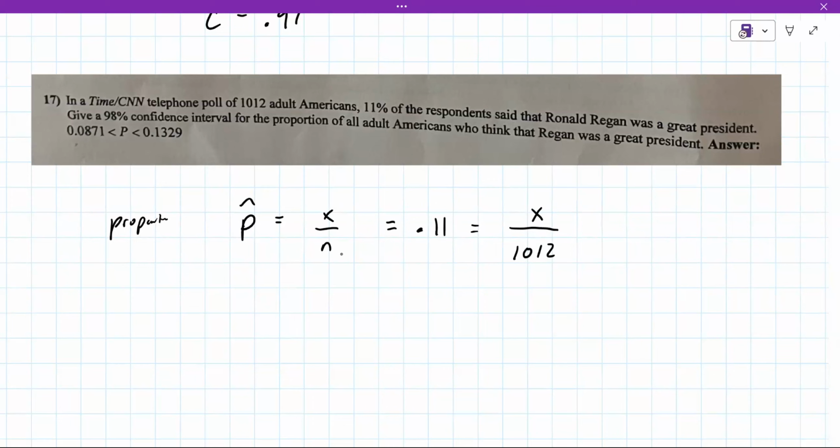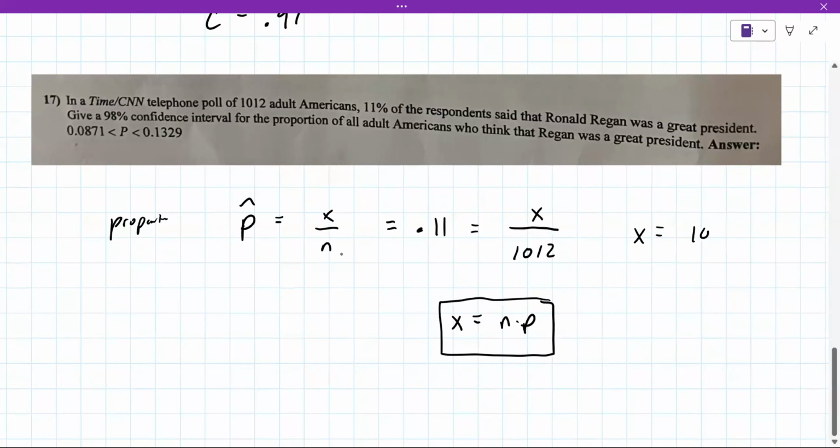Well, you can calculate x from this formula: x is n times p. And that might be something else to write down. So in your problem, x is 1,012 times 0.11. So to find the proportion interval, you use x equals n times p.